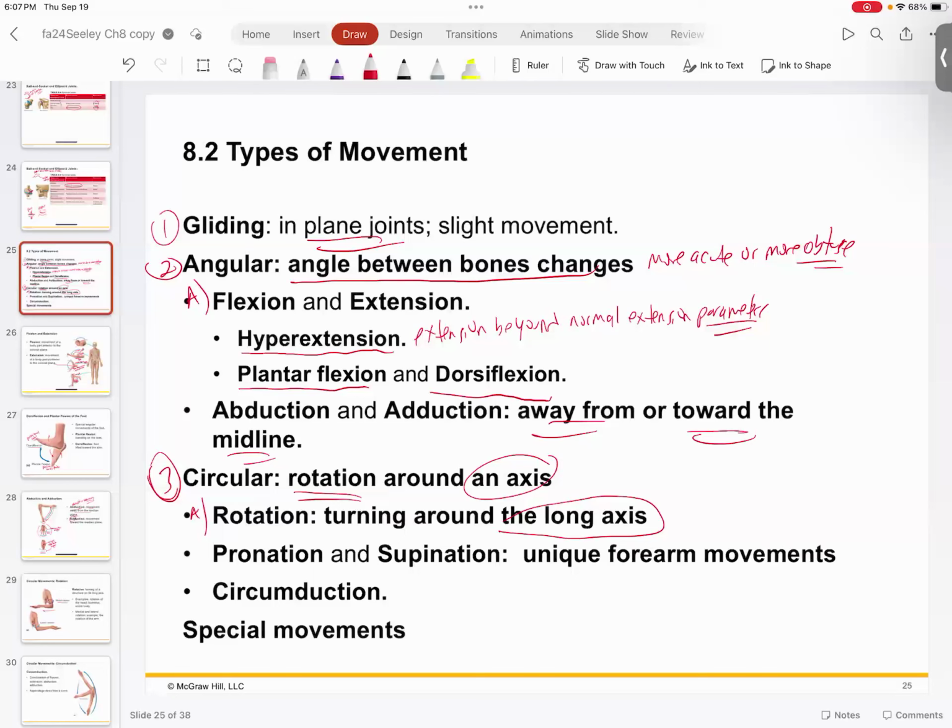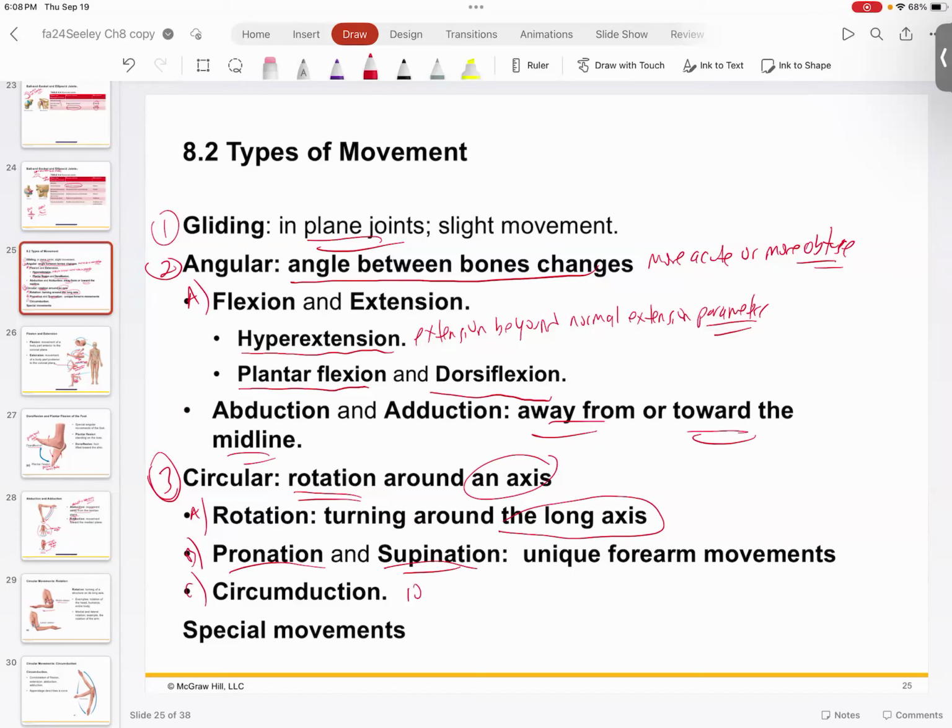The other one that we have is pronation and circumduction. So pronation and supination are both types of forearm movements. And circumduction is basically like drawing a circle in the air without rotating from your elbow. So basically drawing it not from your elbow, from your shoulder.